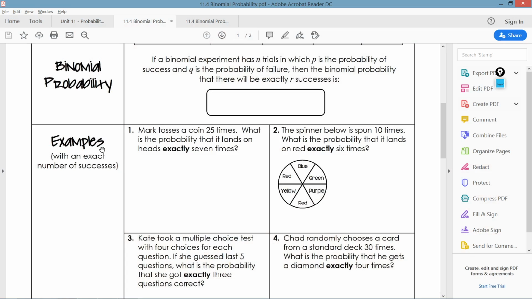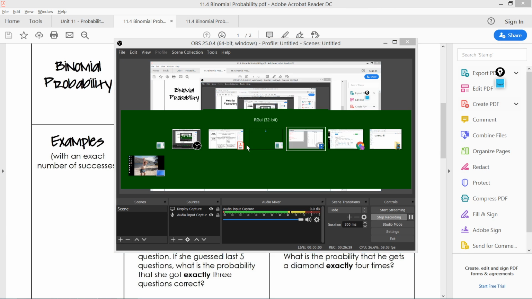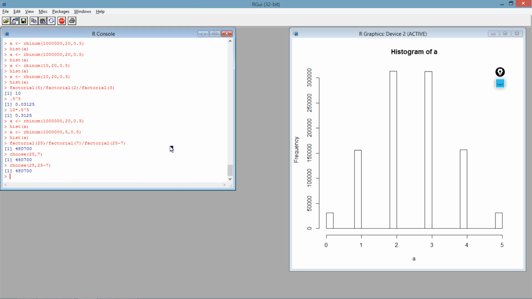So 480,700. And then, here we go. This is my probability, right? 0.5 raised to the 7th power times 0.5 raised to 25 minus 7. So I'm going to do choose 25 7, which is the same thing as this factorial up here.